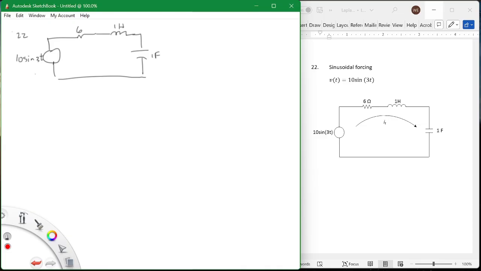It'll be 10 sine squared. Okay, so it's 10 times what? I'm writing this in Laplace. Doesn't the t turn into a square?